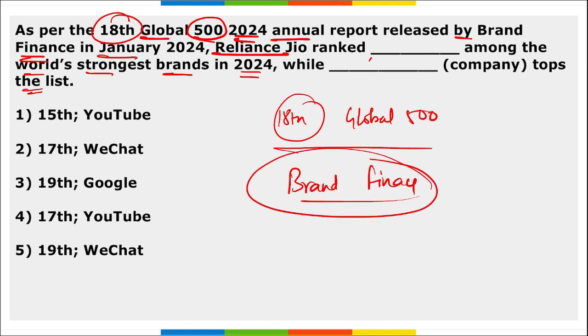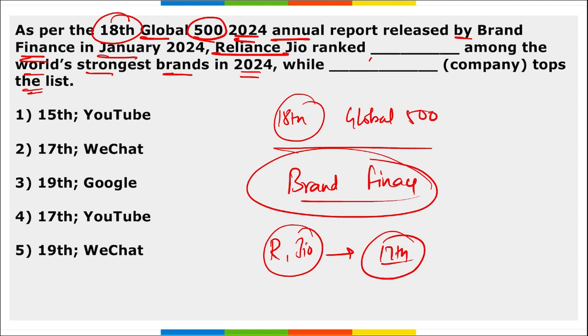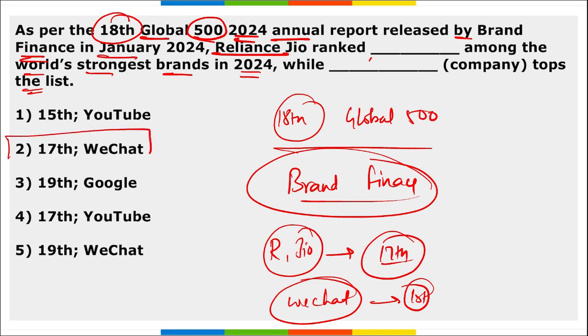This talks about the strongest brands globally, and Reliance Jio is the 17th most famous brand globally, whereas WeChat secured the first position globally. So the right option here becomes option 2.